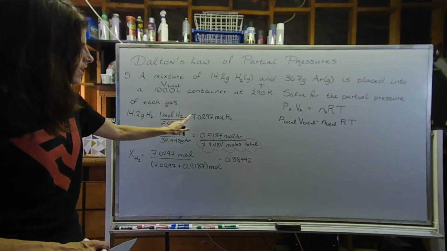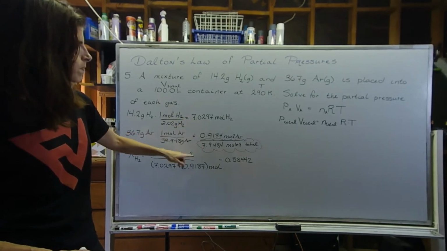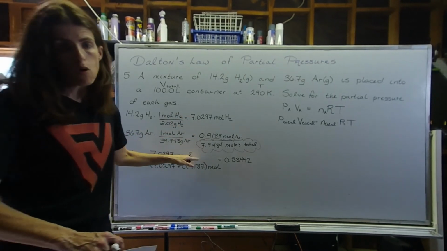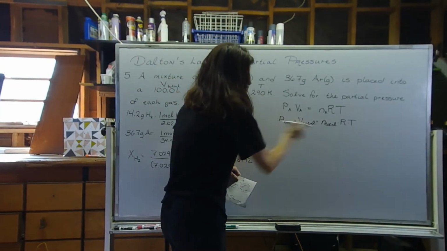So I went ahead and after converting both masses to their individual moles, I added the two mole values up to get a total moles. So that's going to come in really handy right here.